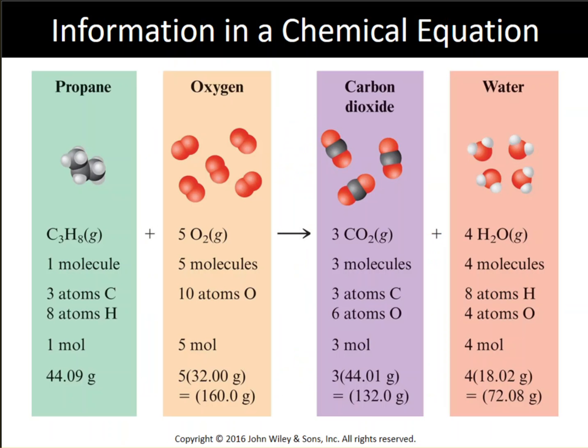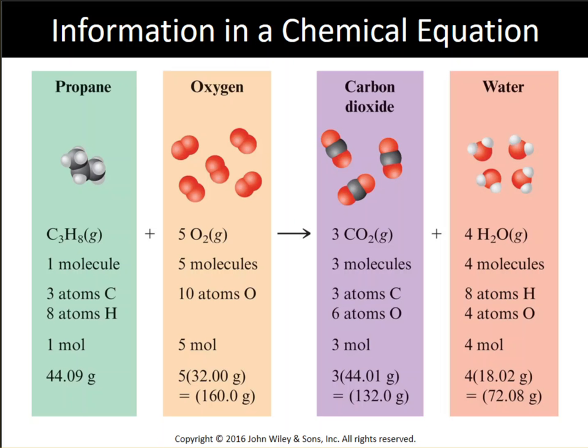Now, what do those balancing coefficients mean? Those balancing coefficients basically give you the ratio in which reactants and products need to be mixed. For example, here you see the reaction of propane, C3H8, with oxygen that gives you carbon dioxide and water.